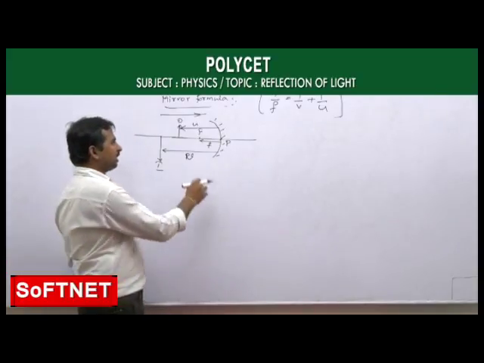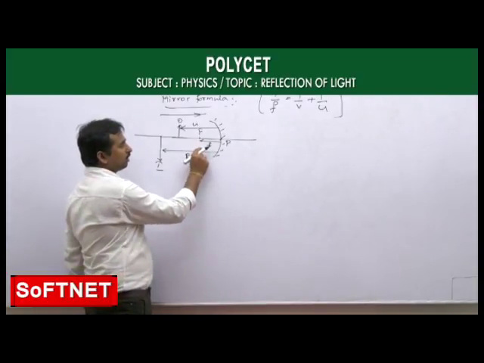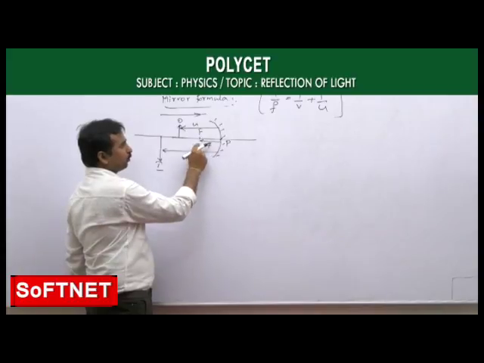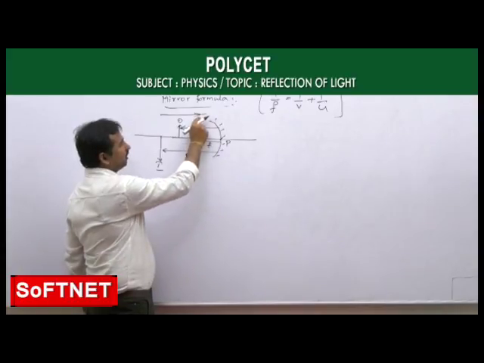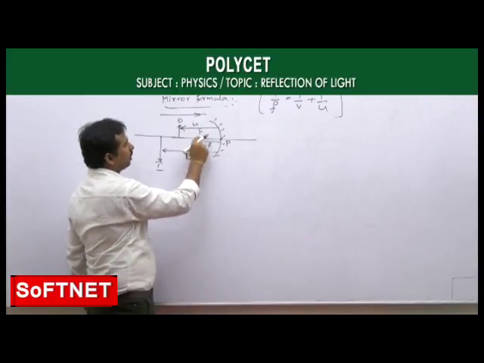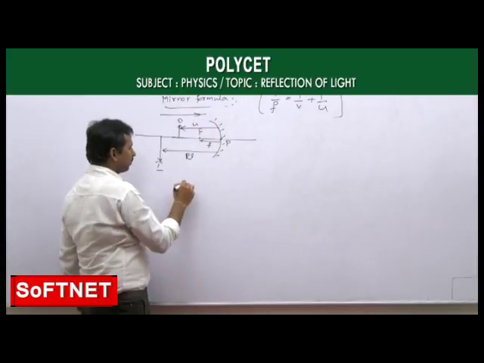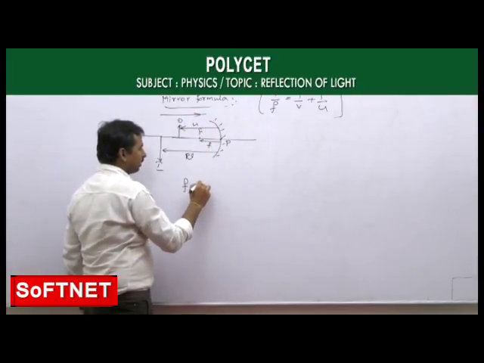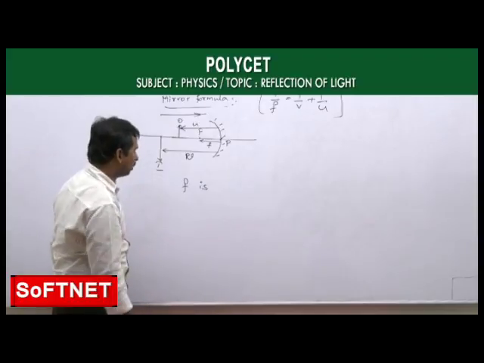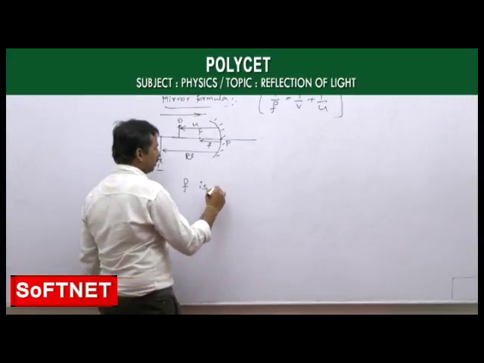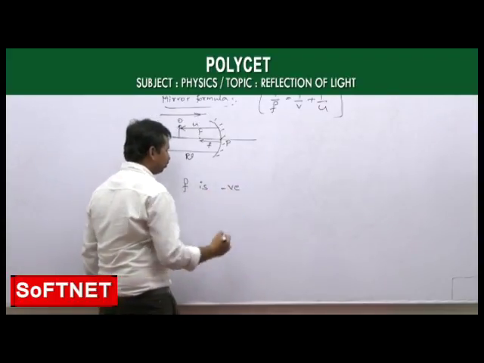If you observe clearly, the focal length you are taking from the pole to the focus for a concave mirror, the incident ray and the focus are in opposite directions. So that's why for a concave mirror the focal length is negative.